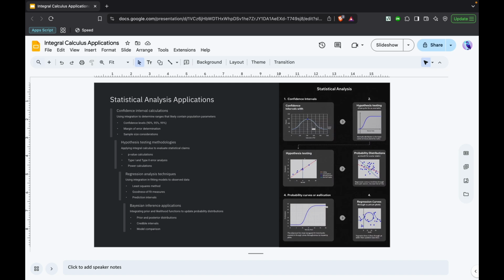Another one which involves probability is statistical analysis. What we're trying to do is use integration to evaluate claims, to evaluate ranges and spreads, to evaluate models, which was also covered in differential calculus, and something called Bayesian inference applications, where we're trying to integrate prior functions and likelihood functions to update probability distributions like the normal distribution.